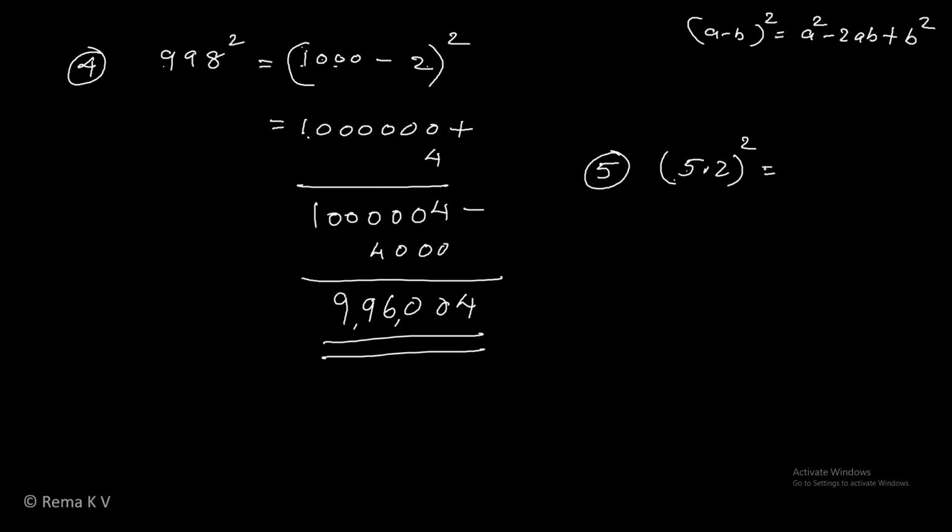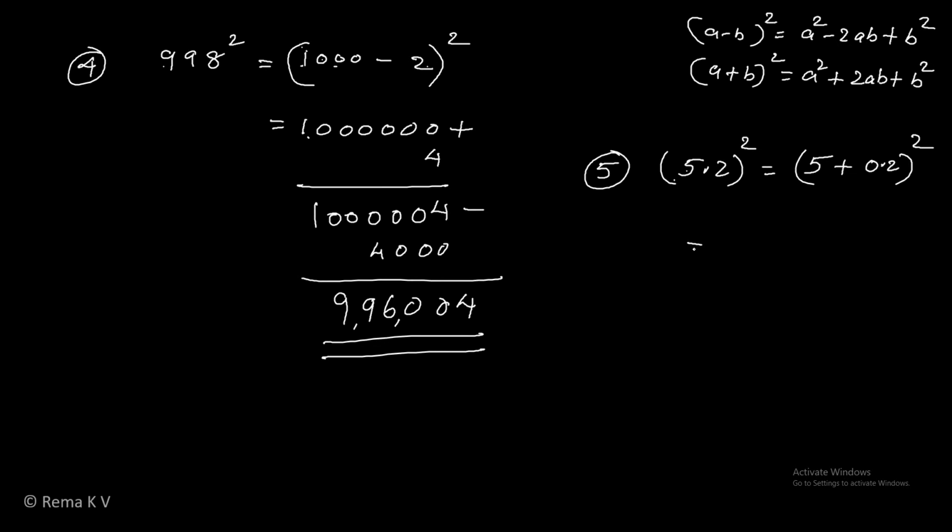You can write this as 5 plus 0.2. So we are applying A plus B the whole square. This is equal to A square plus 2AB plus B square.